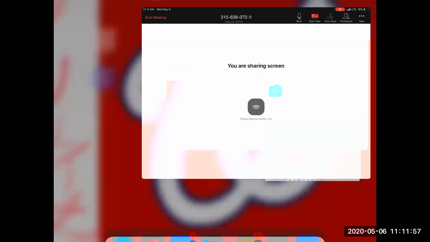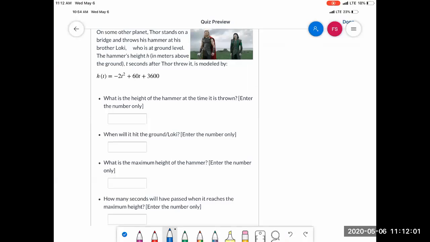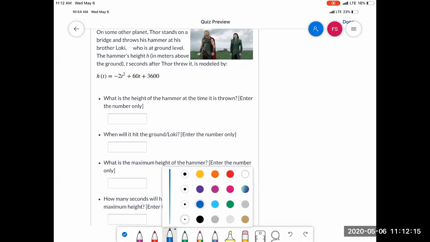All right, so here in these practice problems, we're given the scenario. On some other planet, Thor stands on a bridge and throws his hammer at his brother Loki, who is at ground level. In this equation that they give us, h(t) means the height. So this is going to be our height.